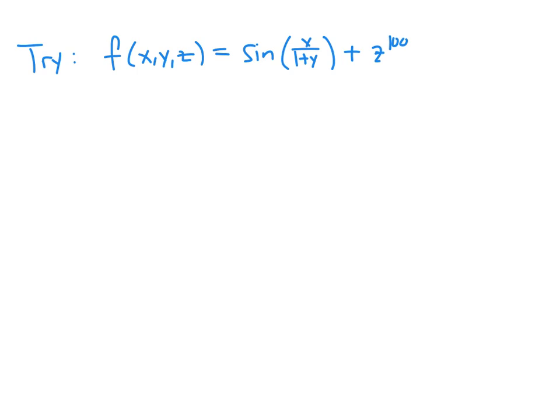And go ahead and compute the derivatives with respect to x, y, and z. And I'll go ahead and write them down here, and I'll use the del notation for this one, just to vary it up a little bit. But this one should be cosine of x plus 1 over y times 1 over 1 plus y.